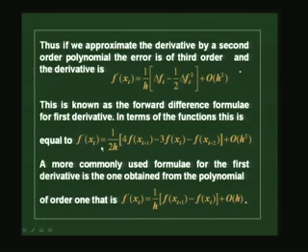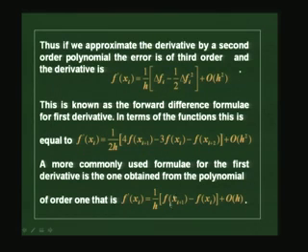If I want to evaluate the derivative of a function at a given tabulated point, then I can use three function values at some points which are after xi, that is xi plus 1 and xi plus 2, and then I can write the formula as 4 f of xi plus 1 minus 3 f of xi minus f of xi plus 2 by 2h. So, that is a formula which we can write.